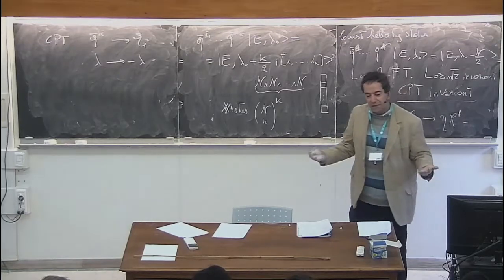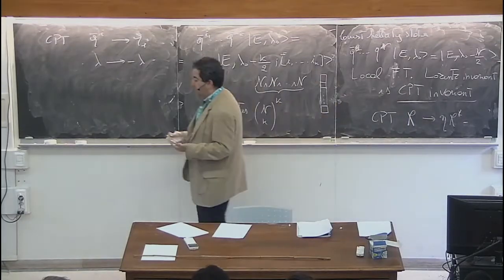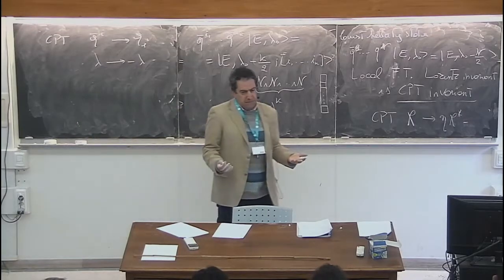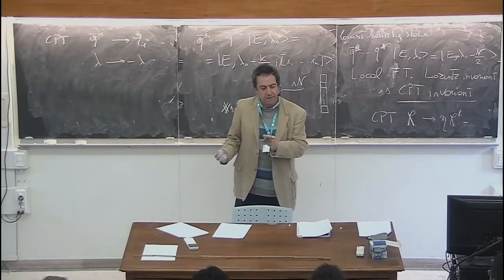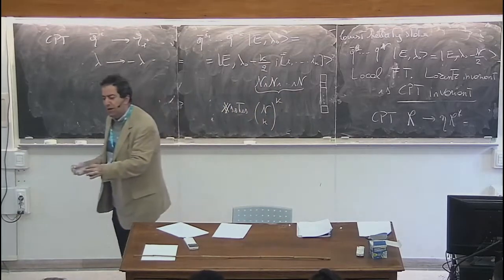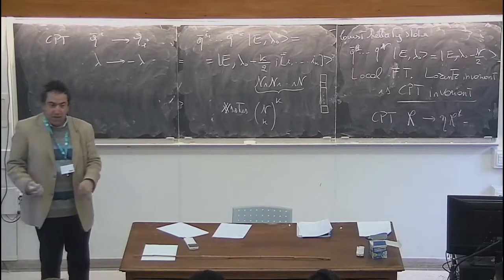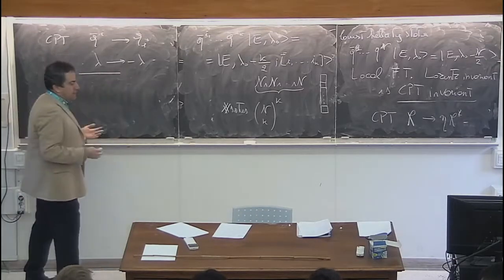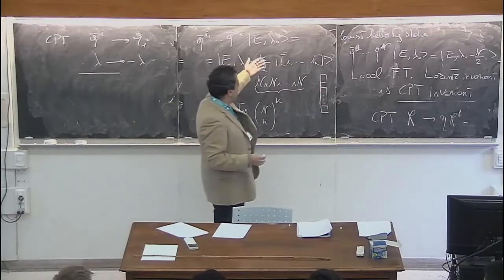This means that the carrier of the representation has to be invariant with respect to CPT. It doesn't mean that each state is invariant, but each state is mapped by means of CPT into another state of the same space. Good. This means that if we have a helicity here, we should have also the opposite one.